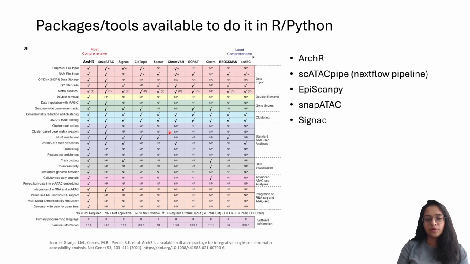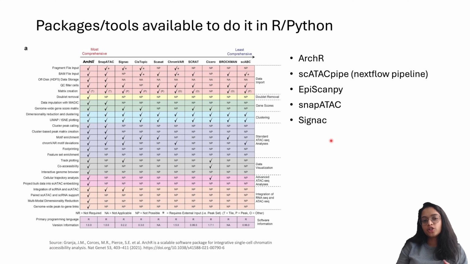This tabular compilation is from a Nature article published in 2021, which compares various R packages to process single cell ATAC-Seq data, going from the most comprehensive to the least comprehensive. There are also certain Nextflow pipelines and packages in Python that can be used to process this data.